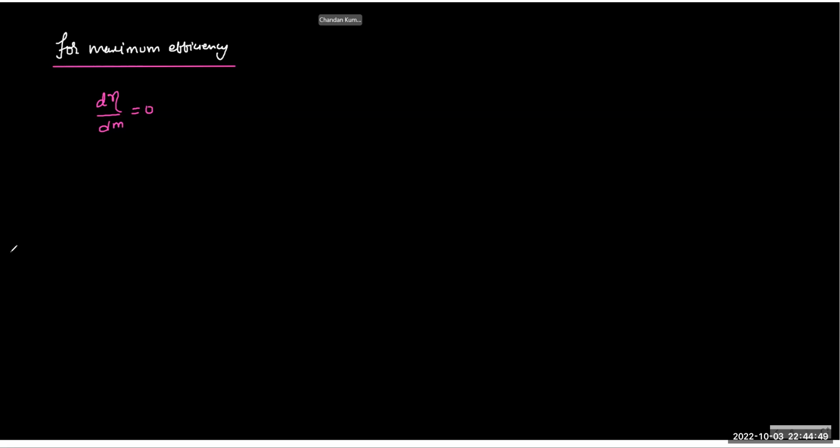I'm getting m is equal to 2 minus b square plus. Once again, so you're getting 2 minus root 2. So you have to find the m for which this is going to happen.